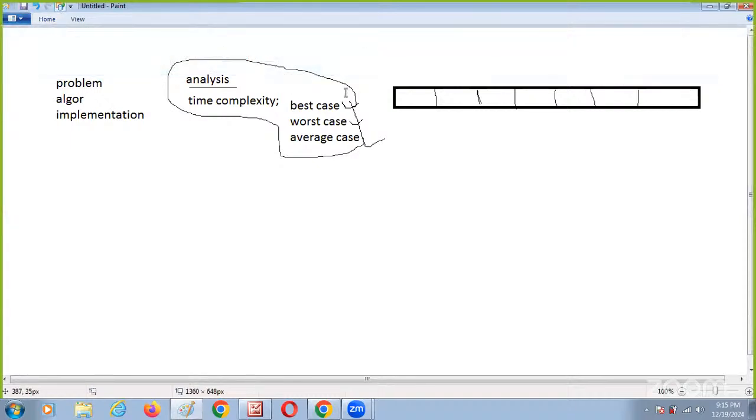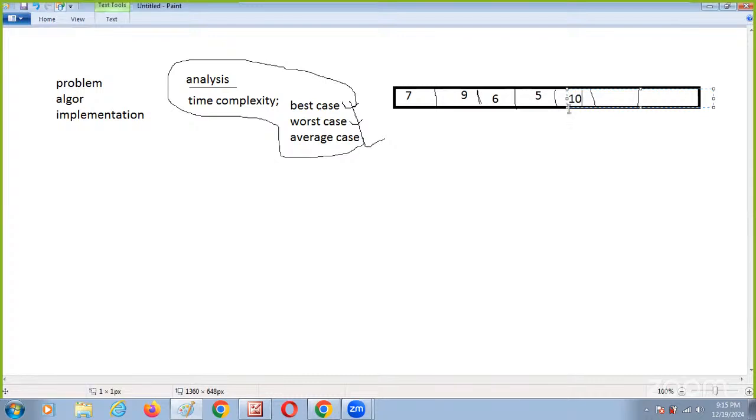So let me explain this. You have some values: 7, 9, 6, 5, 10, 15 and 2.